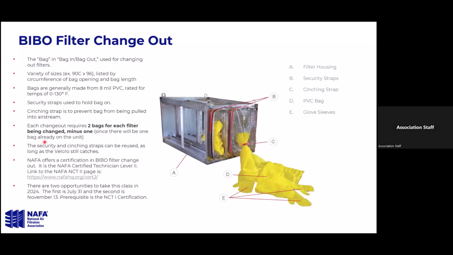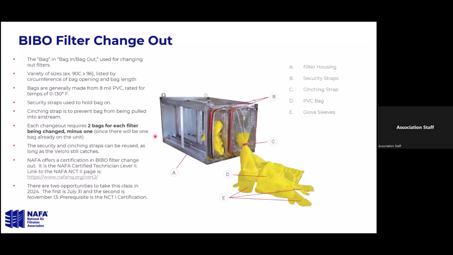So that's not per housing, it's per tier of that housing. The security and cinching straps can be reused as long as that Velcro that attaches them still catches. Once that starts getting worn and not working properly, you'd want to reorder those as well.